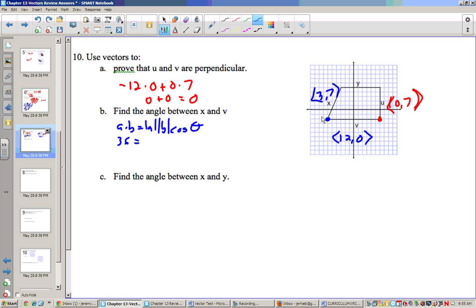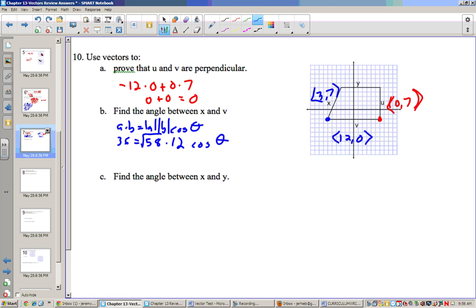So magnitude of A, 3 squared plus 7 squared, 9 plus 49, square root that, that's square root of 58. And the magnitude of B is just this distance, which is just 12. We could do 12 squared plus 0 squared, but that would still equal 12.